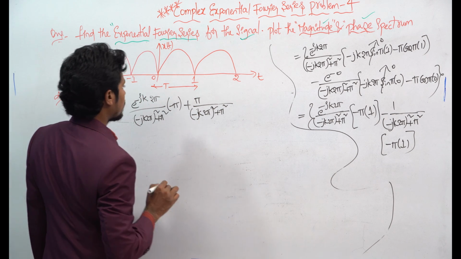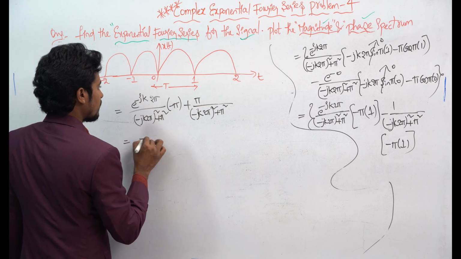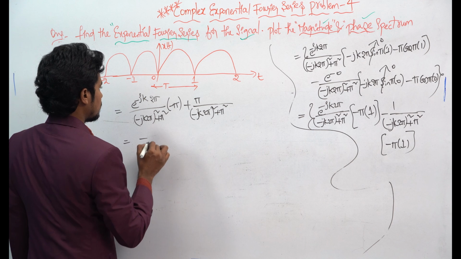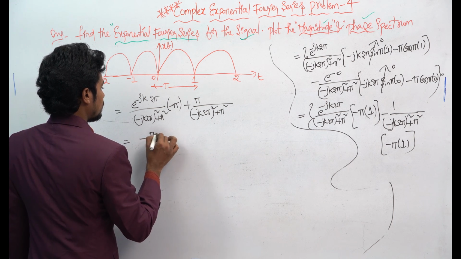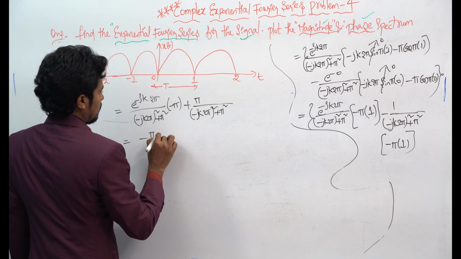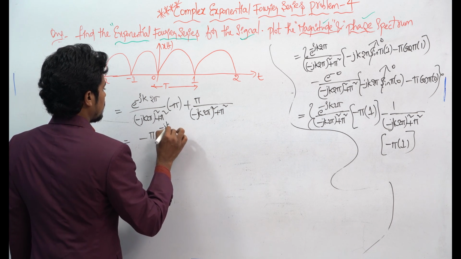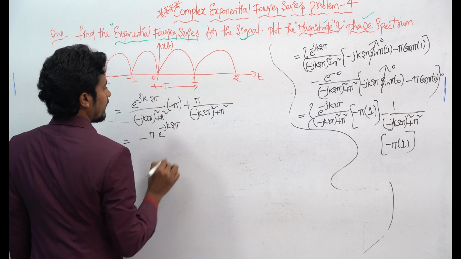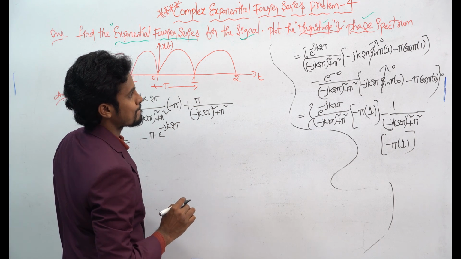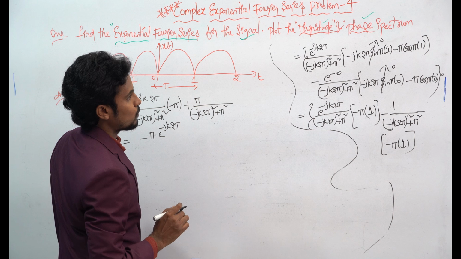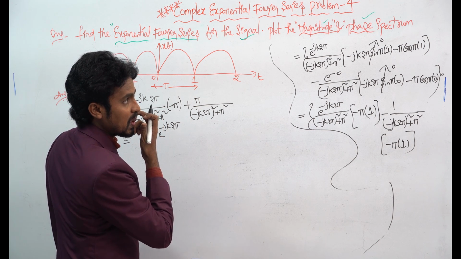Okay, this will become minus pi into e power minus jk into 2 pi minus pi into cos pi.